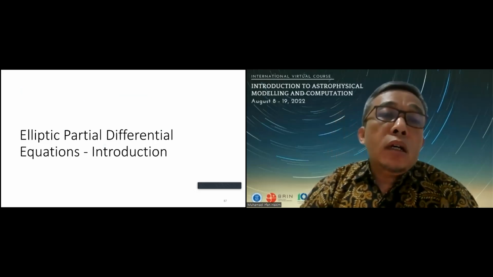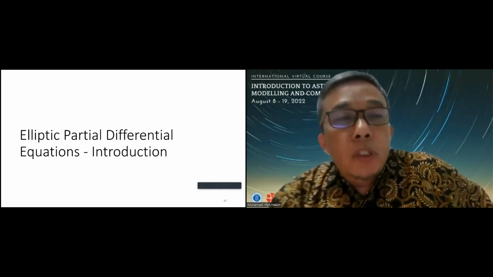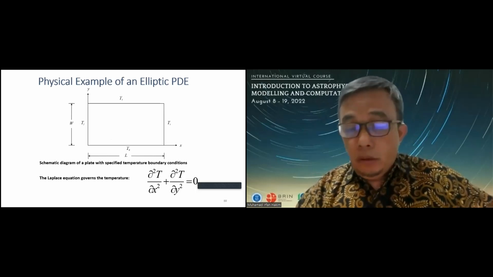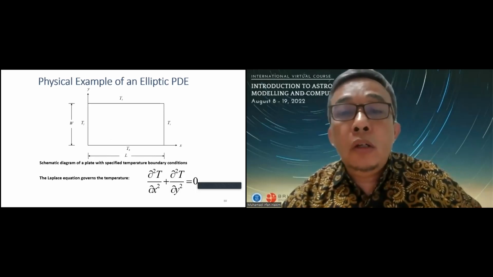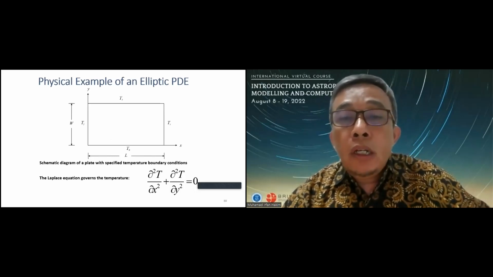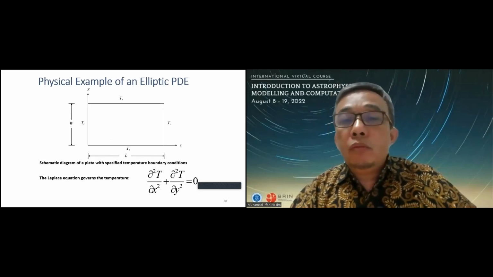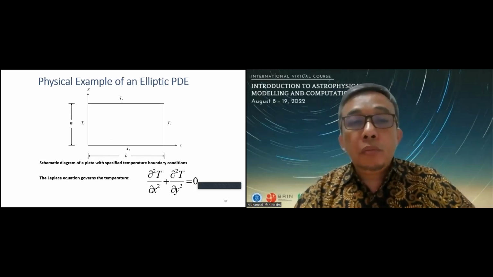The second type of partial differential equation here is elliptic. I'd like to speed up this explanation here. An example is the Laplace equation governing the temperature here.